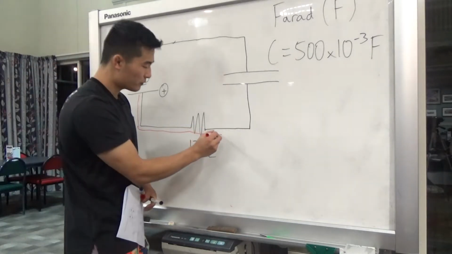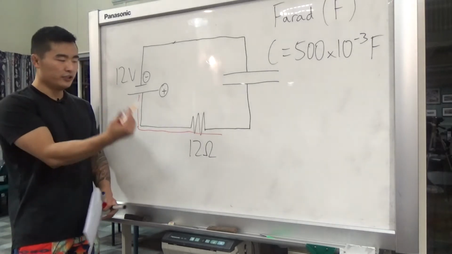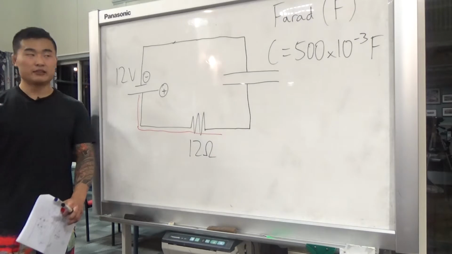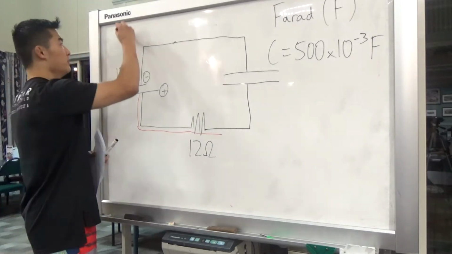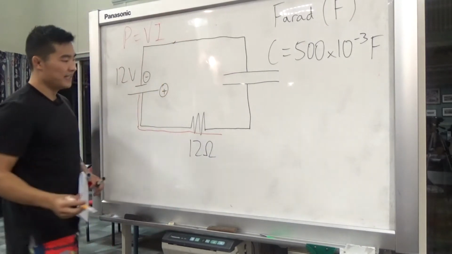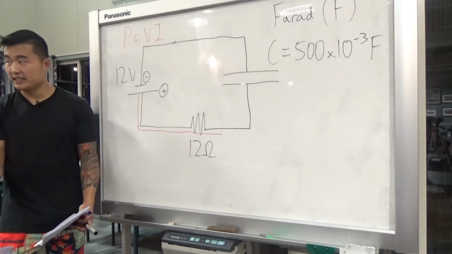which is pushing that charge through this resistor. So that's going to happen immediately, and as soon as the current starts to flow, remember that power is equal to VI, voltage times current. So as soon as your current starts to flow, there will be power generated, which is going to be light.